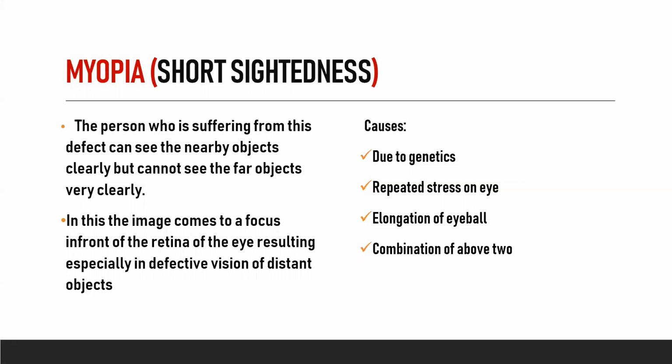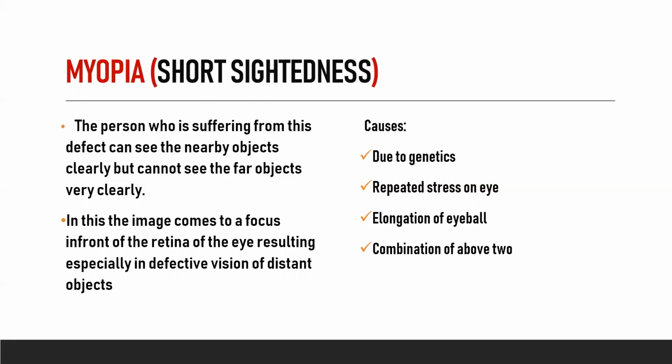Consider people who wear specs while watching TV, and when lines of text come at the bottom, they are not able to see the letters written on them. If you are in the market and hoardings are kept far away, they are not able to see the letters on them.